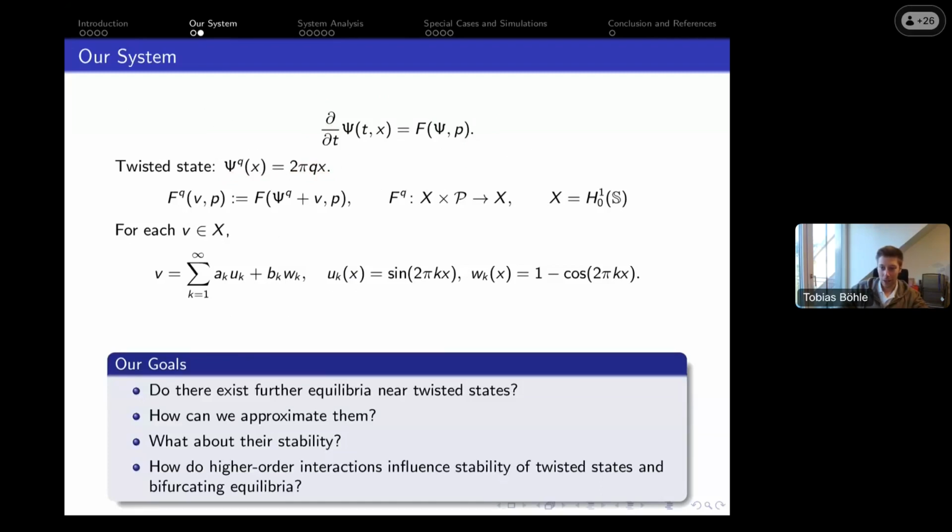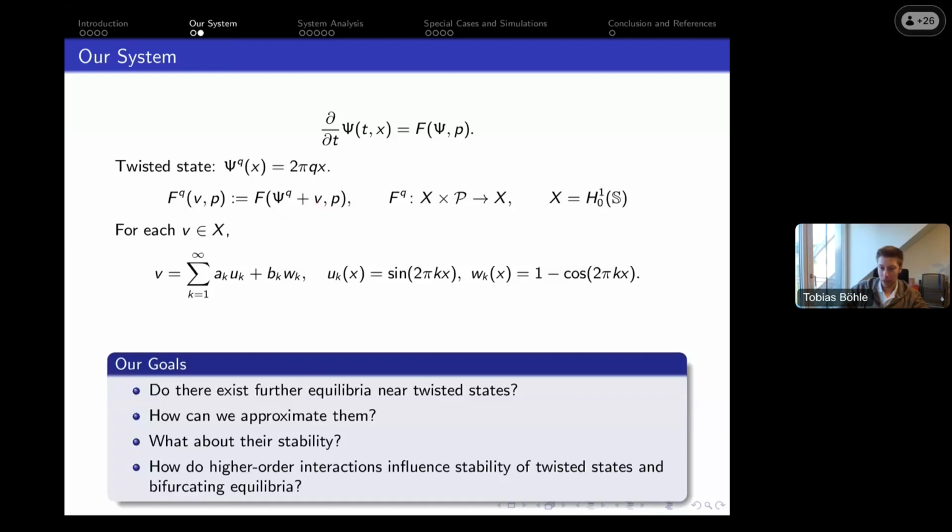Now since we are also interested in the local behavior of the right-hand side f around a twisted state, we also define a function fq. Fq of a function v and p is defined as just the right-hand side evaluated at the twisted state plus the function v, and then you have the parameters. So you can regard v as a perturbation that you add on top of the twisted state.